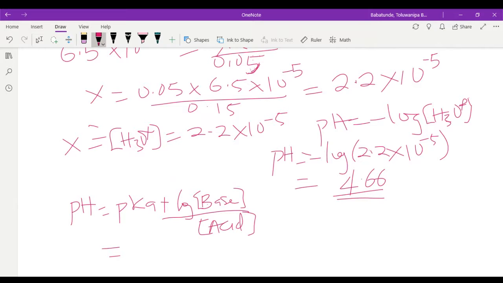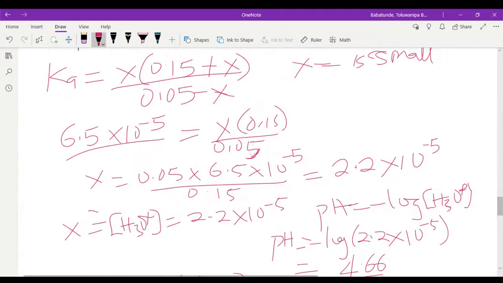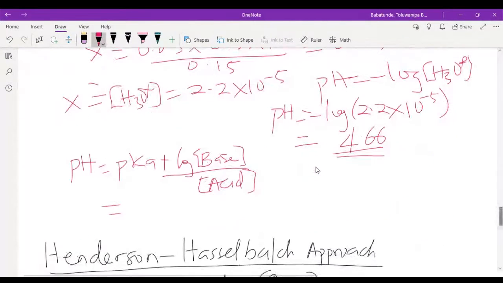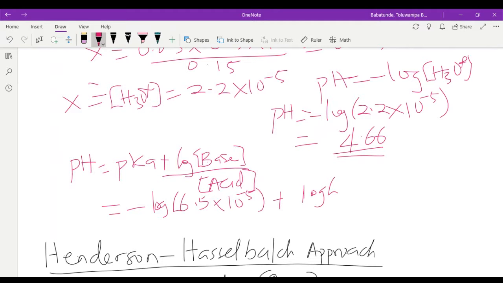So our Ka is given to be 6.5 times 10 to the negative 5, we just find the pKa, which is going to be negative log of 6.5 times 10 to the negative 5, plus the log of the base, which we have to be 0.15 over the acid, which is 0.05.